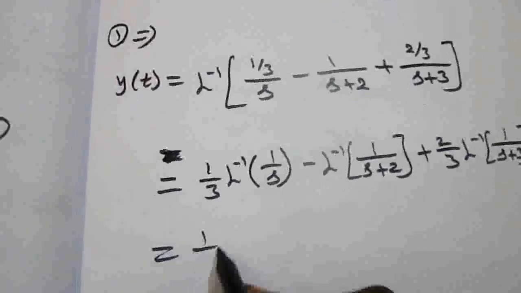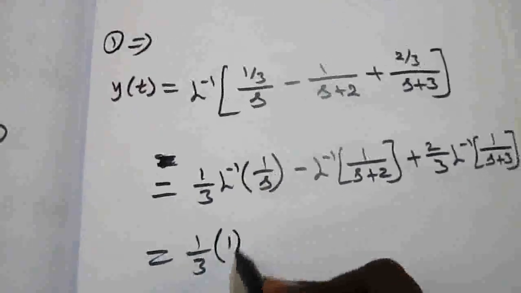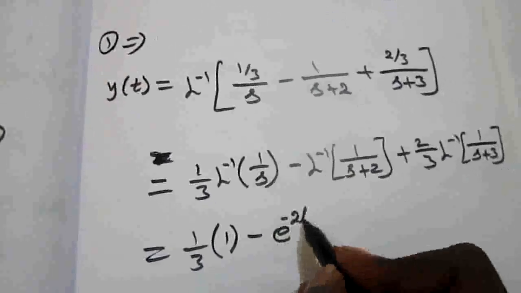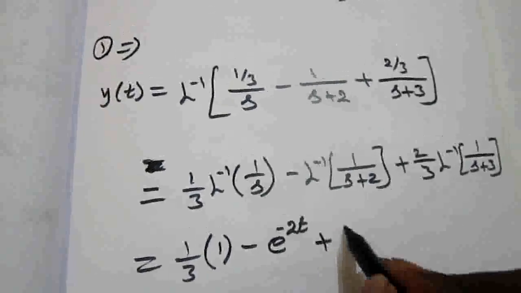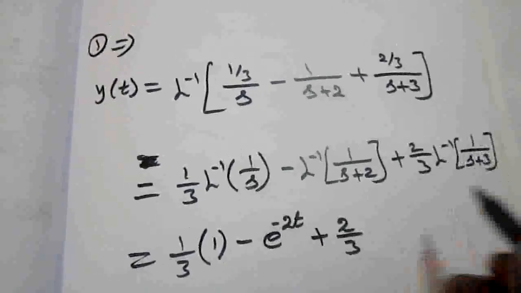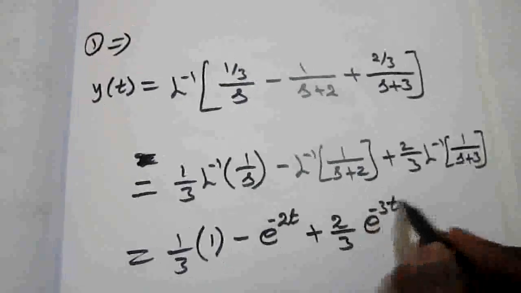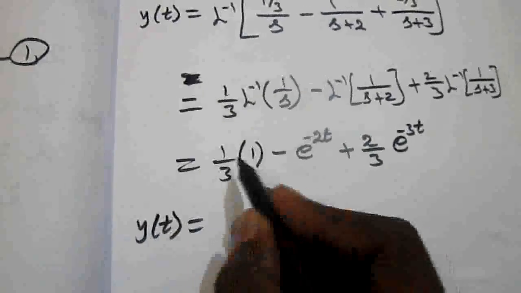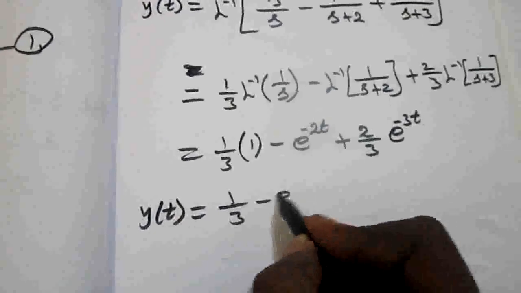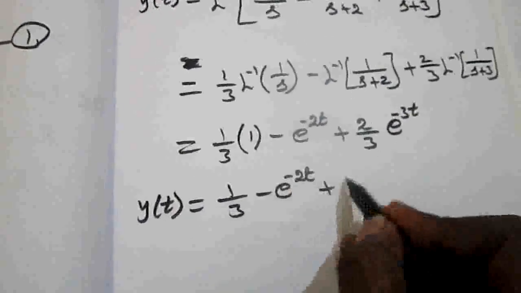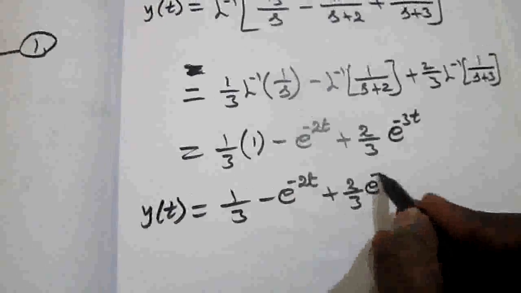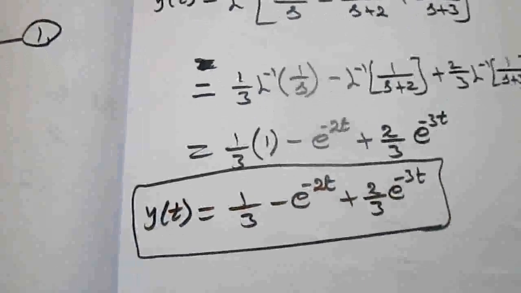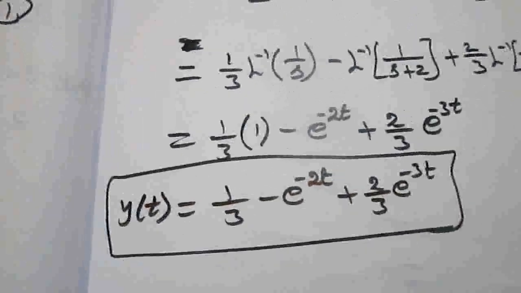So now 1 by 3 into L inverse of 1 by s is 1, L inverse of 1 by s plus 2 is e power minus 2t, plus 2 by 3 into L inverse of 1 by s plus 3 is e power minus 3t. So finally this is the solution of the given problem: 1 by 3 minus e power minus 2t plus 2 by 3 into e power minus 3t. This is the solution of the given differential equation using the Laplace transform method.